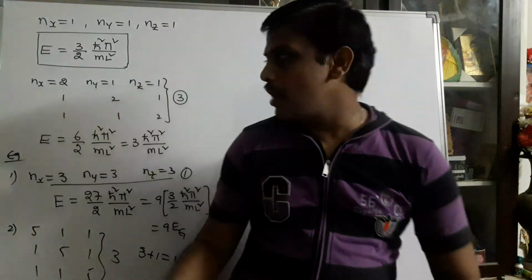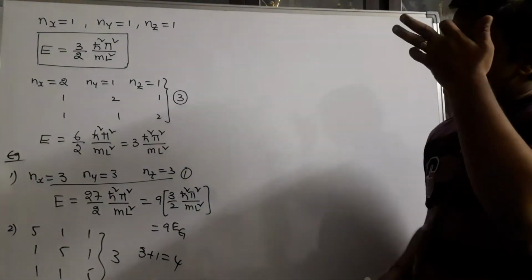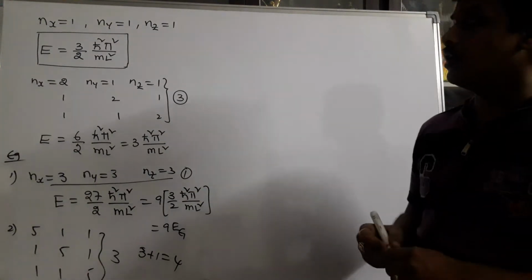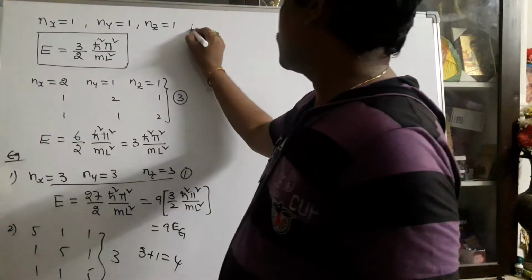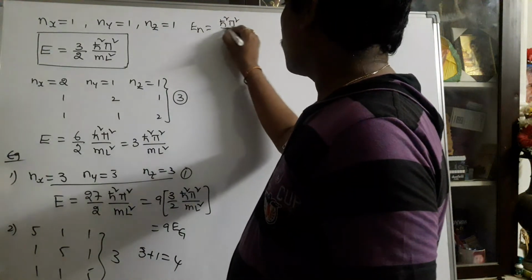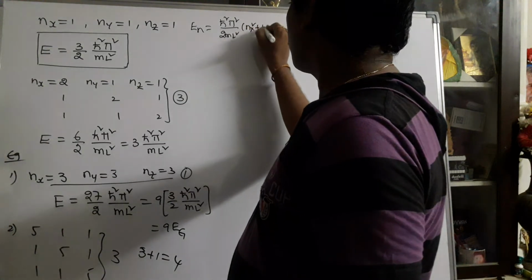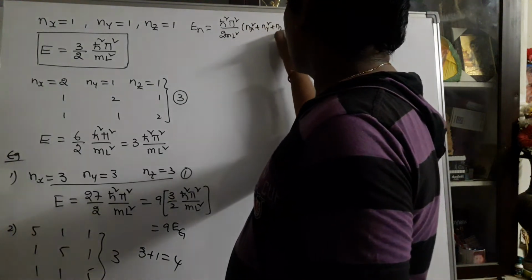The total energy is given by the standard expression En equal to ħ²π²/2mL² into (nx² plus ny² plus nz²).